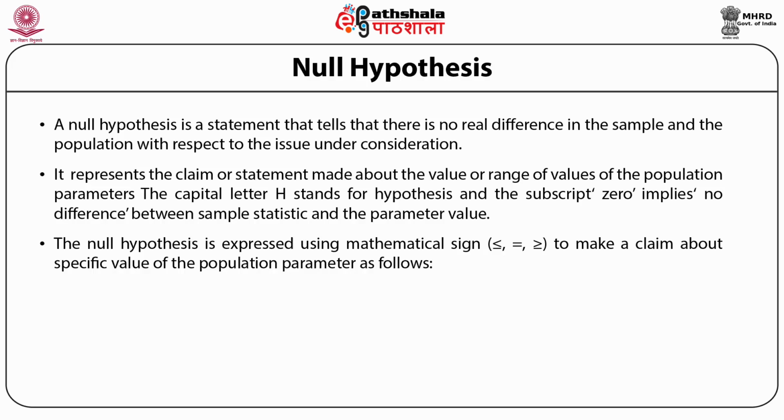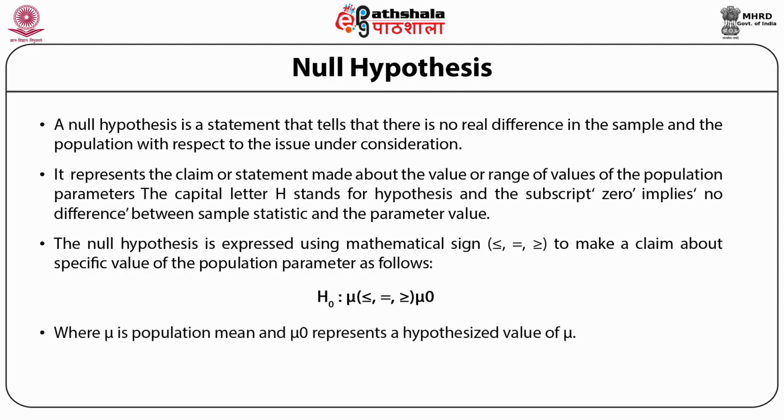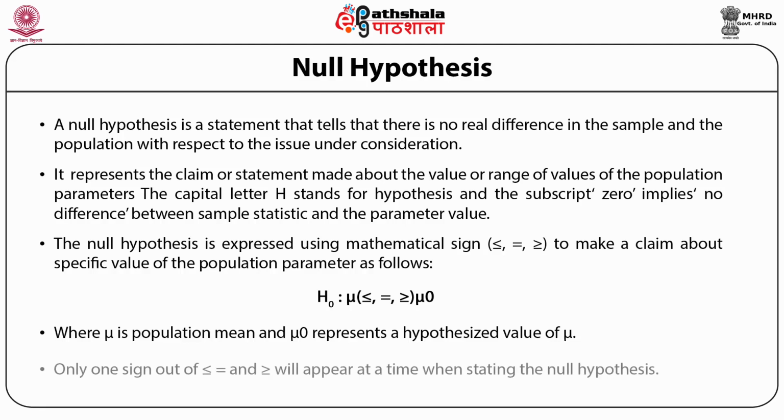For example, we may write the null hypothesis as H0: mu is less than or equal to, or greater than or equal to, mu naught, where mu is the population mean and mu naught, or mu 0, represents the hypothesized value of mu. Only one sign out of the three signs that we are discussing, equal to, less than or equal to, or greater than or equal to, will appear at a time when we state any particular null hypothesis of a given situation.